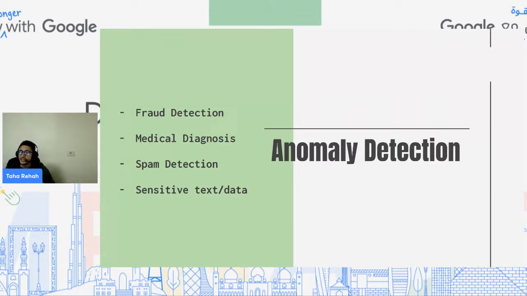Persons who commit fraud are much fewer than persons who do not, and persons diagnosed with cancer are far fewer than persons without it. So anomaly is by nature imbalanced.